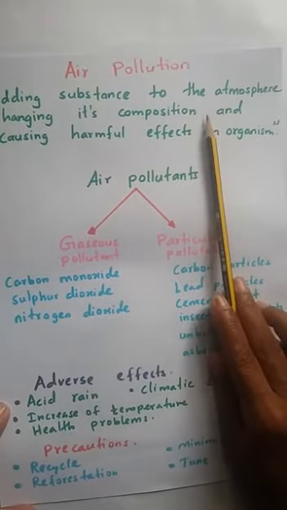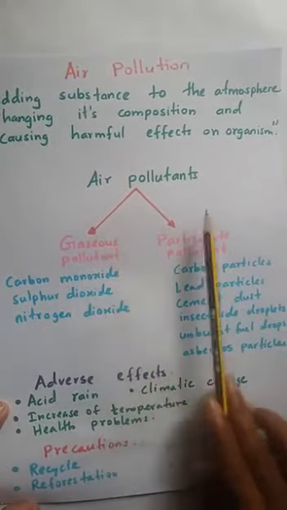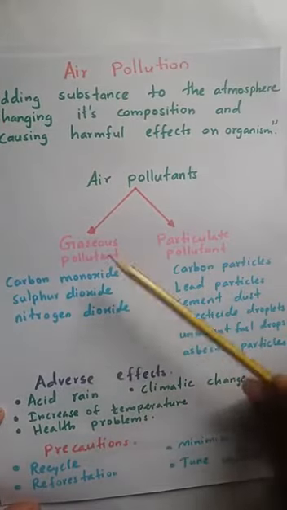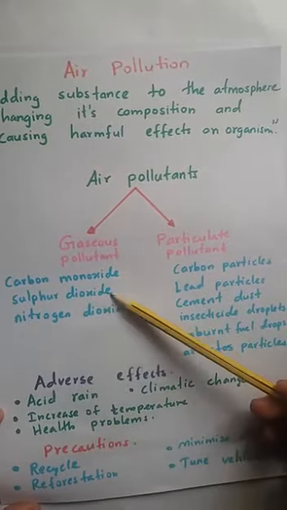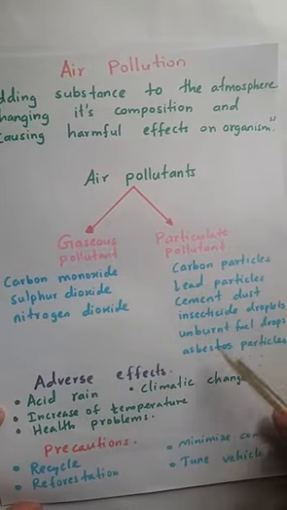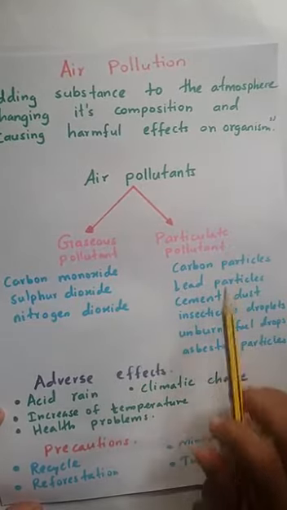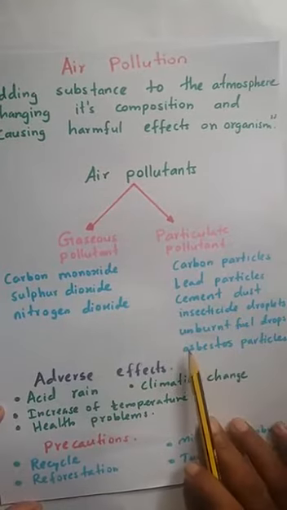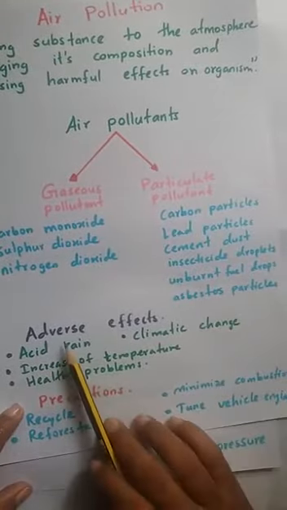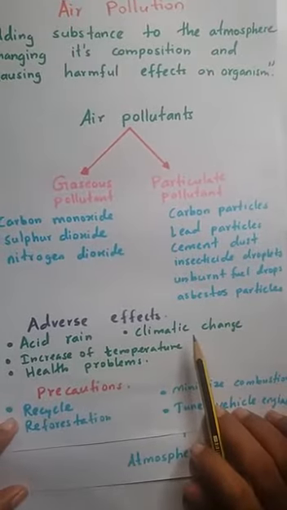Please refer to your books. So air pollutants can be classified into two: gaseous pollutants and particulate pollutants. Gaseous pollutants: carbon monoxide, sulfur dioxide and nitrogen dioxide, right? And these are the dust pollutants, dust-like particles, right? All these pollutants really have an adverse effect on the atmosphere.